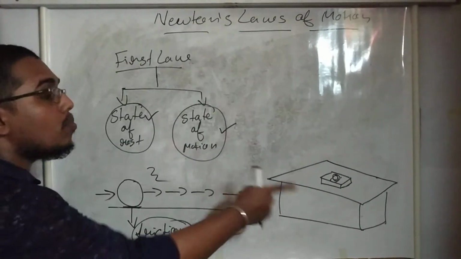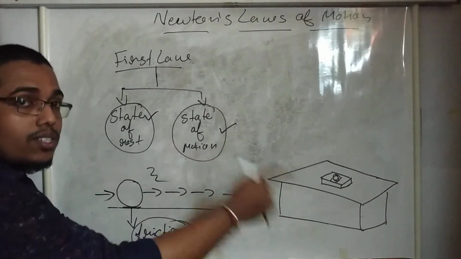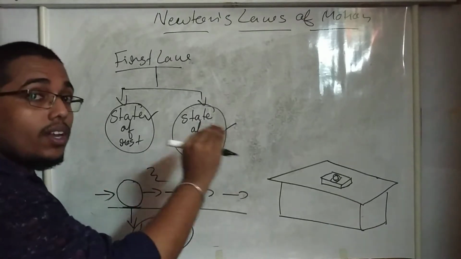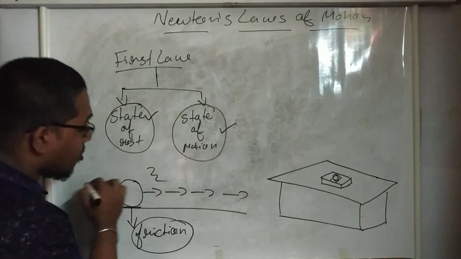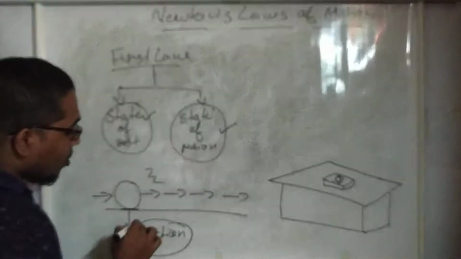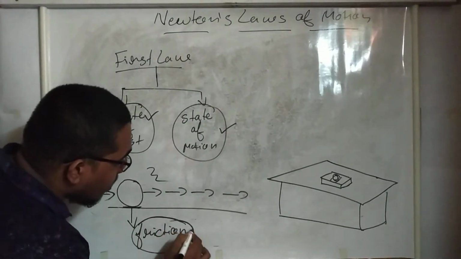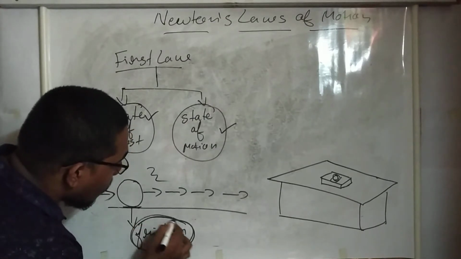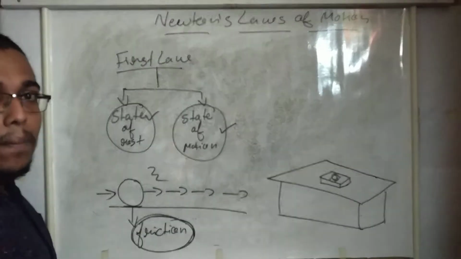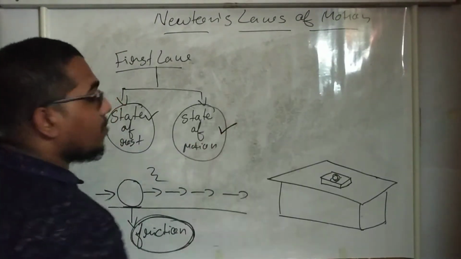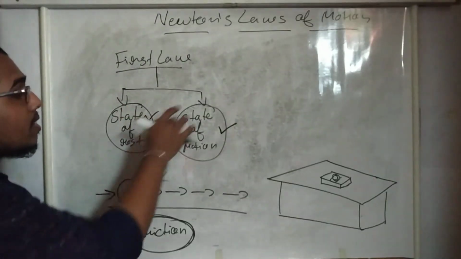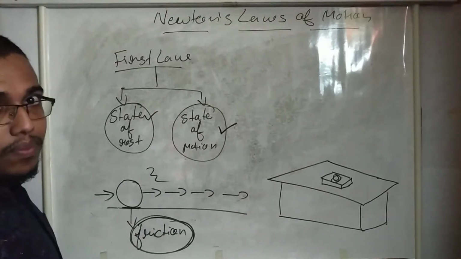Definitely the ball will move, the ball will not stop. It would go on forever. So here we can say that the external force is the force of friction. Clear? Okay, that is about the second part of the law, the state of rest and state of motion.